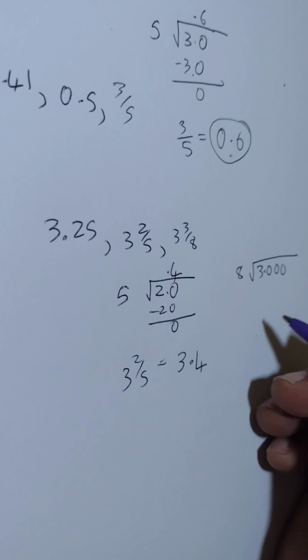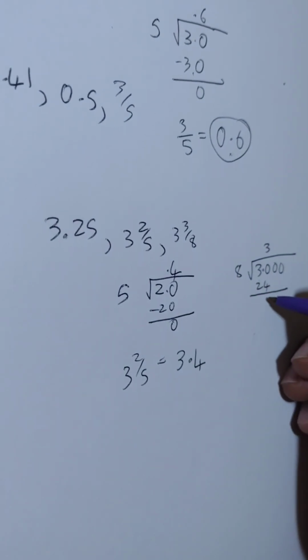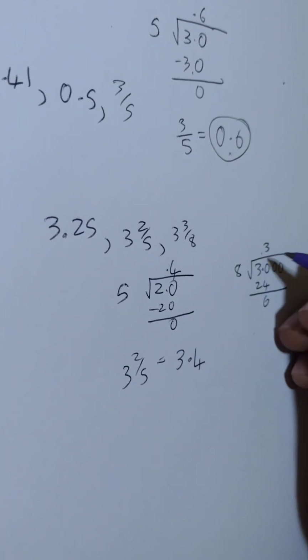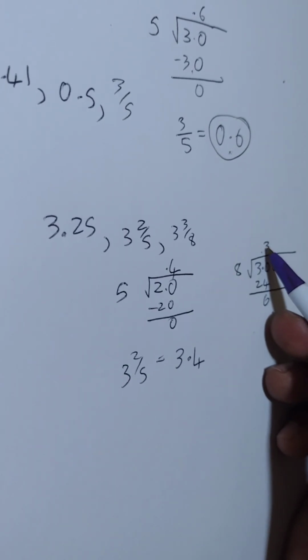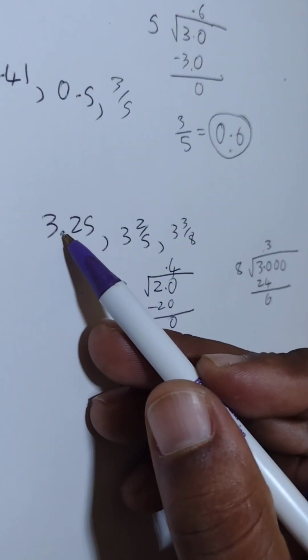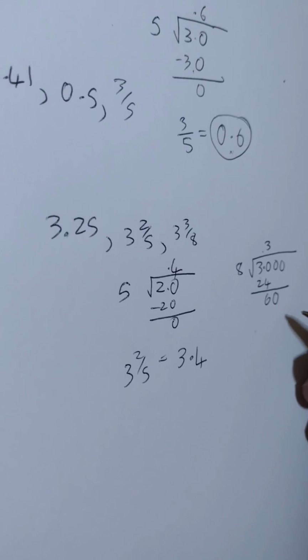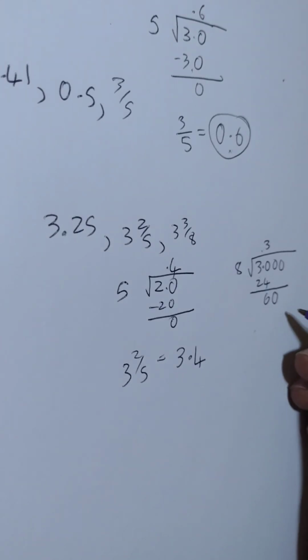So it only goes into it 3 times, and then you minus a 24. That leaves you with a 6, okay? That's a 0.3, remember. We could stop right now because a 0.3 is less than a 0.4, but bigger than a 0.2. But we'll keep going for fun, right? So we put 6 here. How many times does 8 go into 60? Well, 8 times 6 is 48.